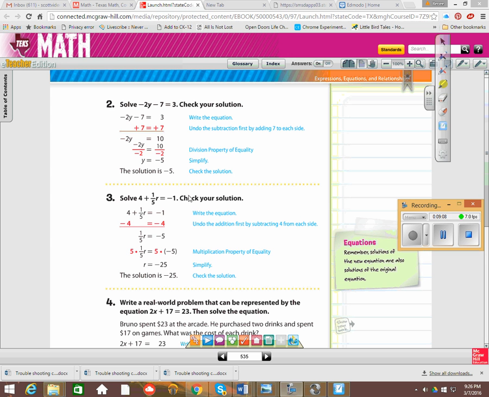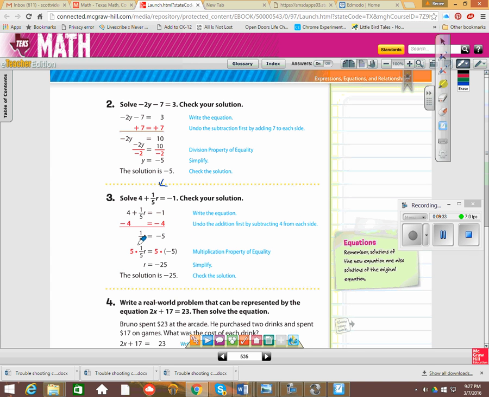In example 3, it's mixed up as far as the variable is not at the beginning. The variable is second. Doesn't really matter. You're still going to add an opposite for the 4, and you're adding a negative 4. So you already have a negative 1 here, leaving 1/5 equals negative 5.